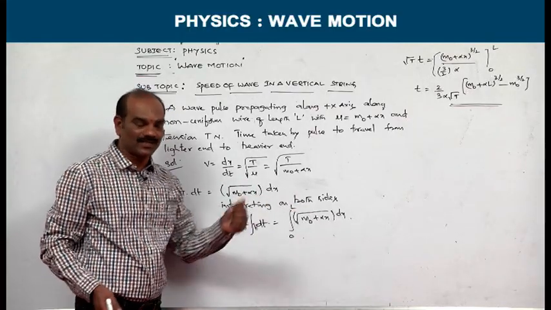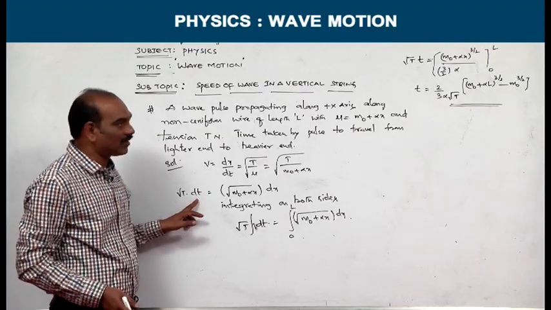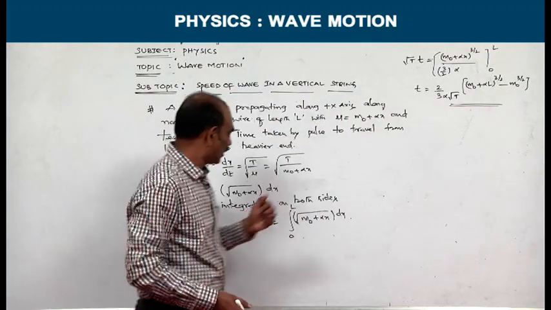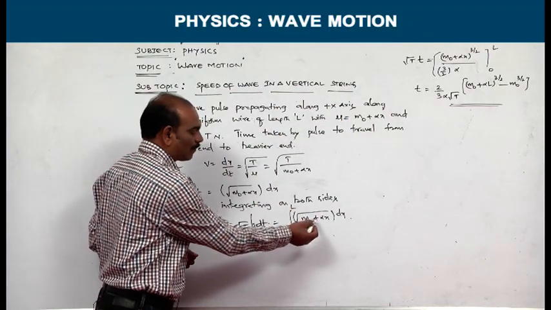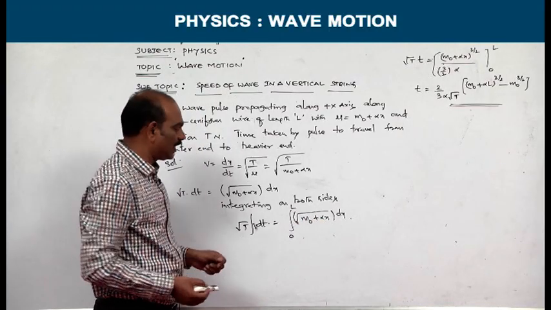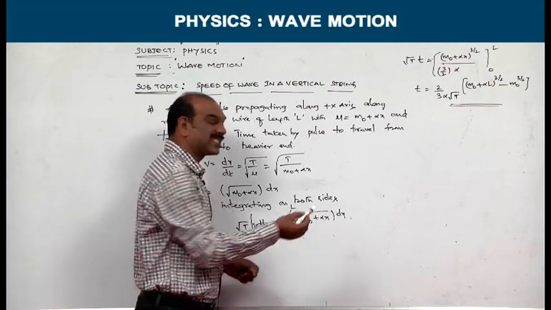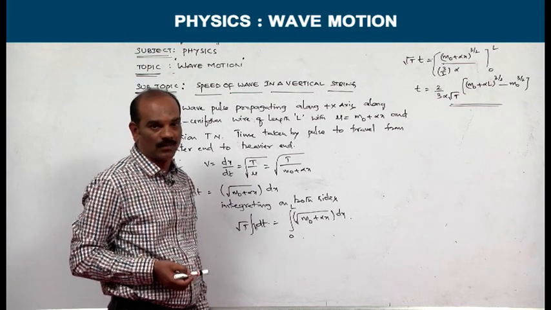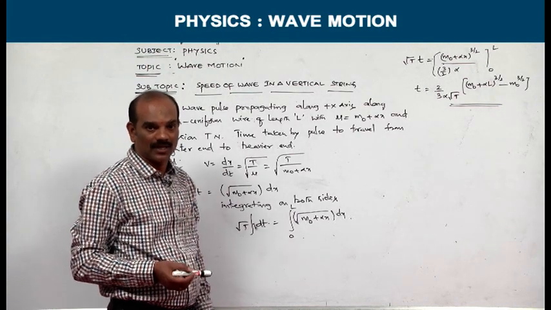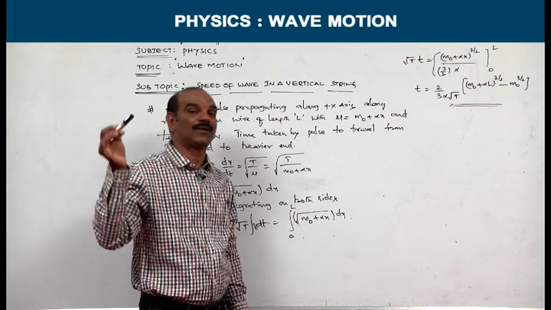Integrating on both sides, integration of dt is equivalent to t. Now, integration of m naught plus alpha x power 1 by 2. Just now I told you the formula for integration of x power n dx as x power n plus 1 by n plus 1.